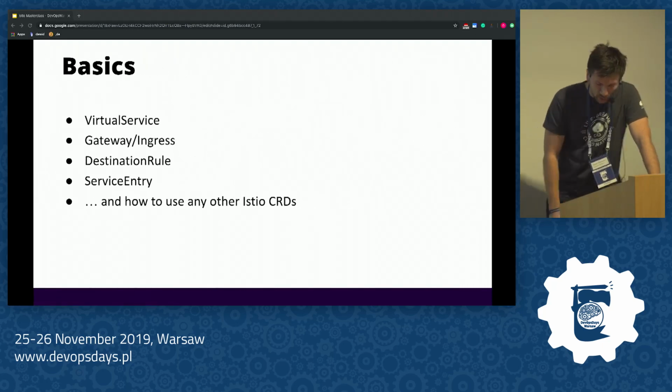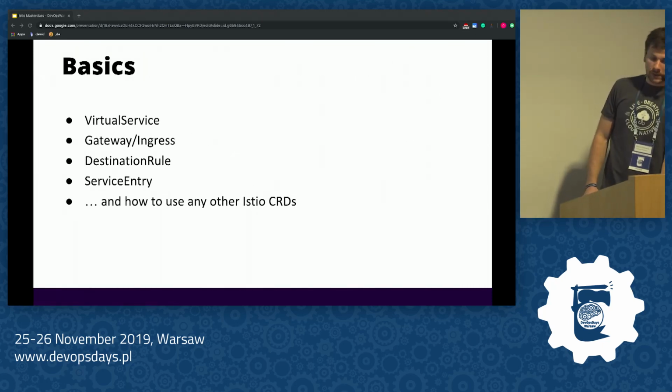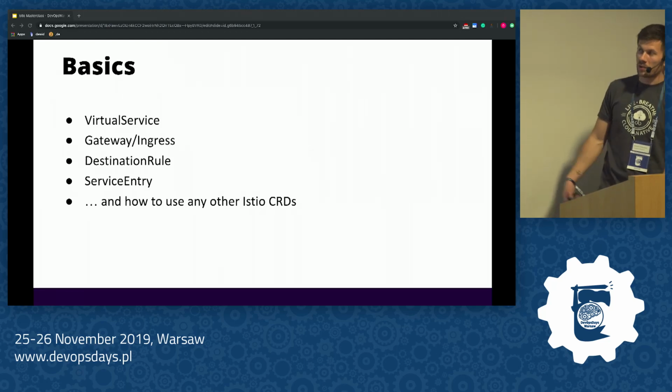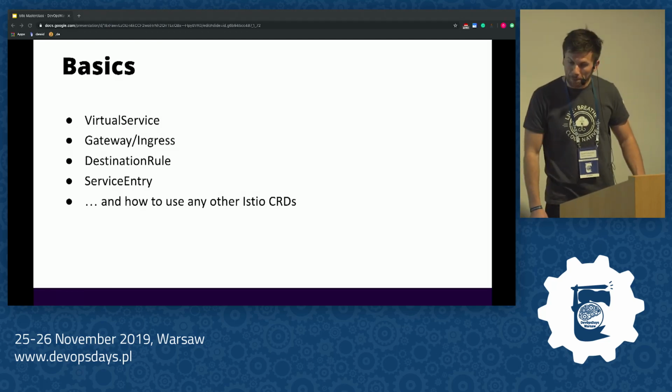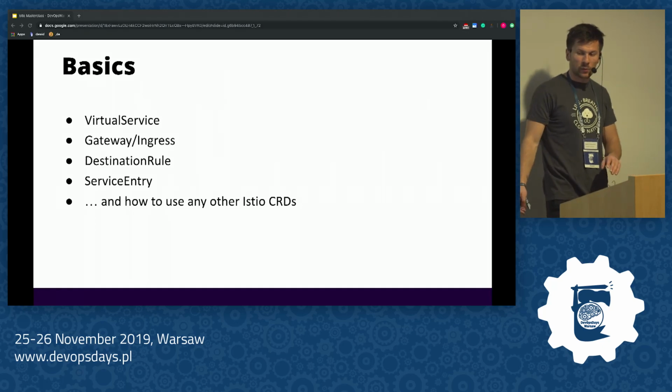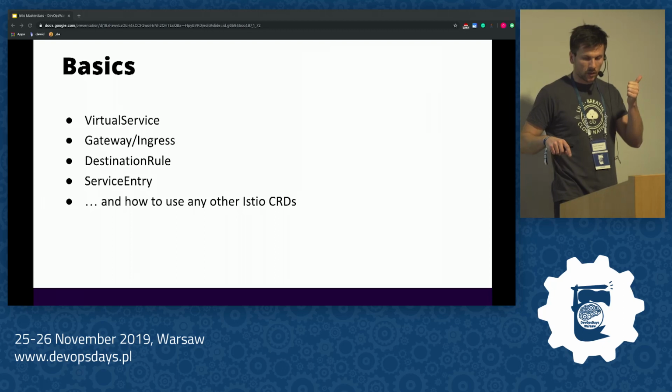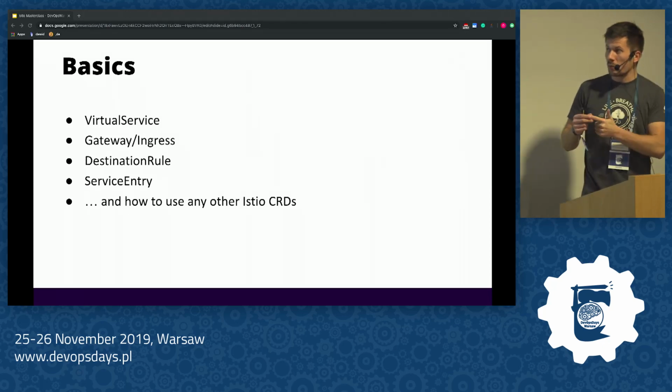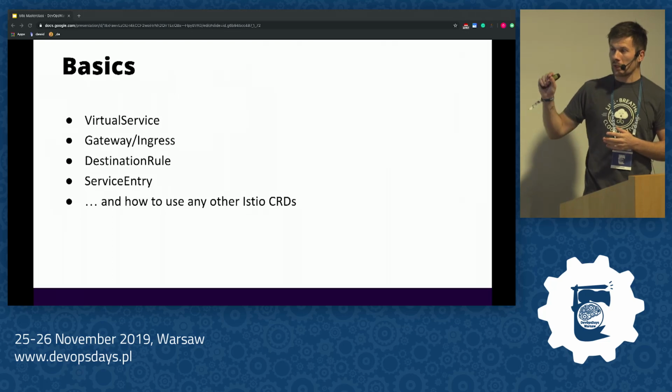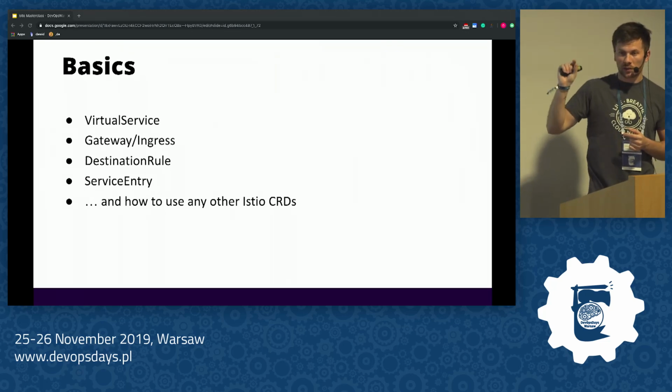So assuming that we have Istio installed and we decided to enable automatic injection in some namespace, what happens if we deploy something now? Our microservices will pop up, and they will have the Istio sidecar injected.